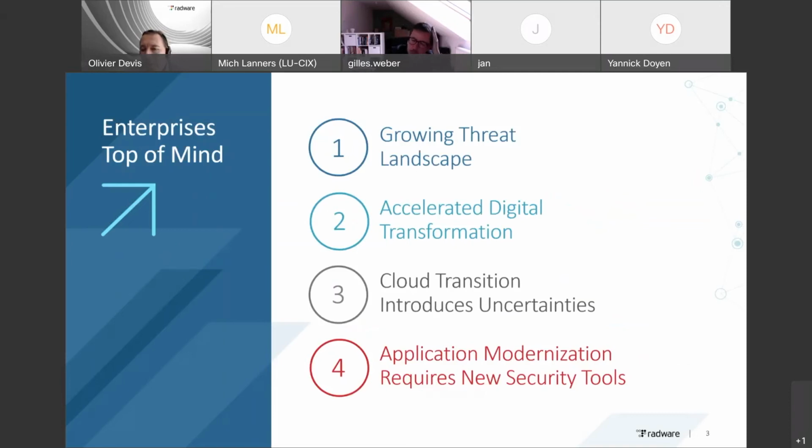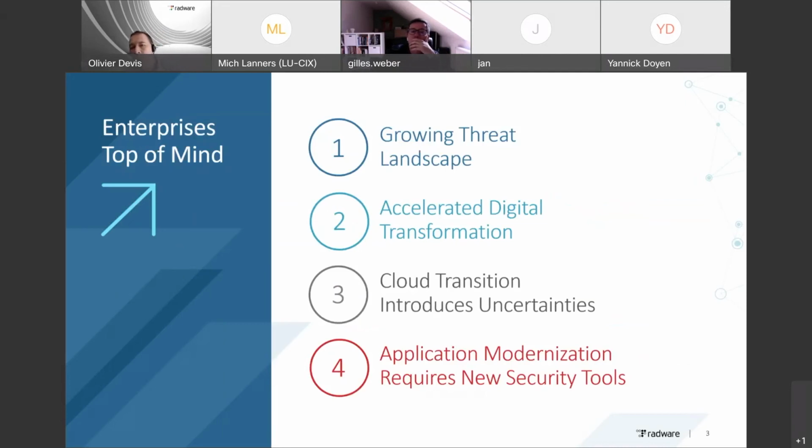What we see as a company are 4 pillars. First, what you see in the news: the growing threat landscape, with every analyst reporting it, and people and technologies developed in reaction.